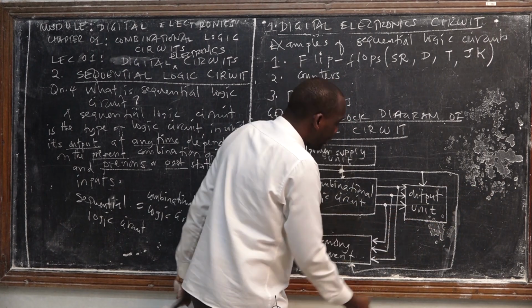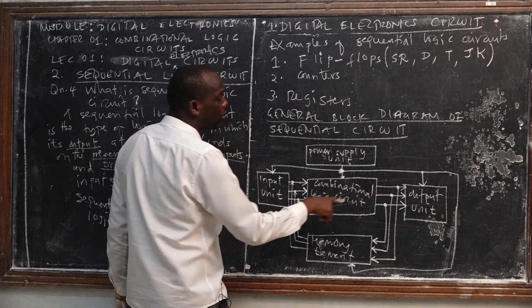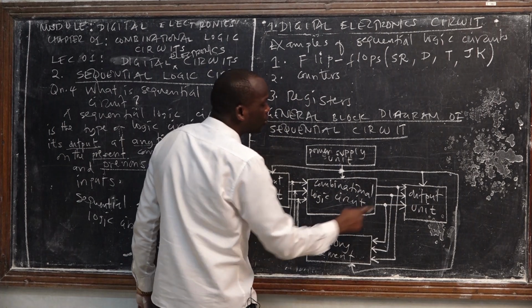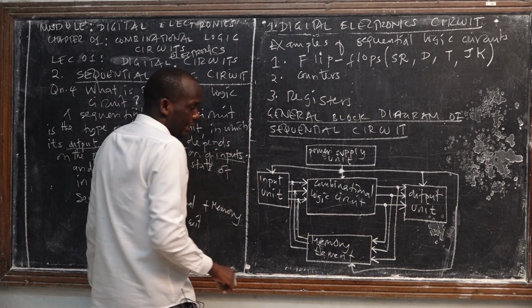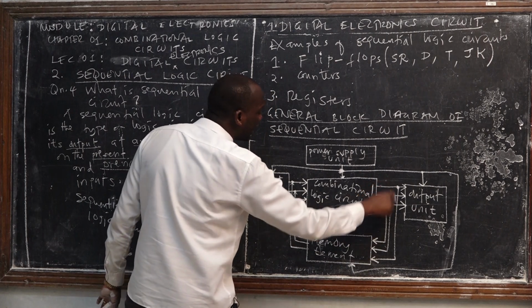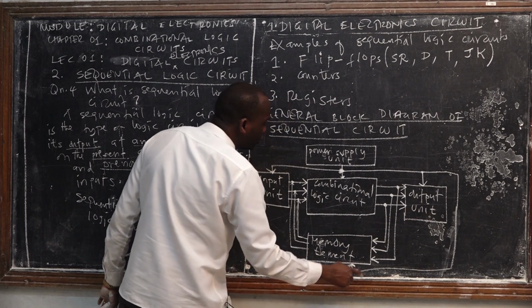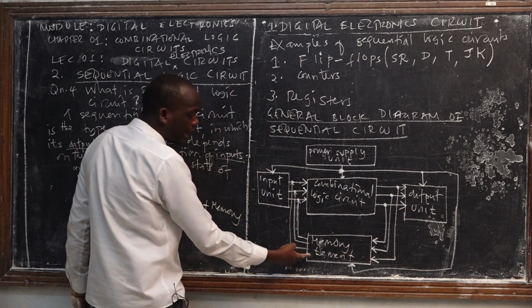Okay? Are we together? So at the same time, when the combinational logic circuit provides the output signal to the output unit, some wires also take a small amount of this electric current that will be fed into the memory elements.